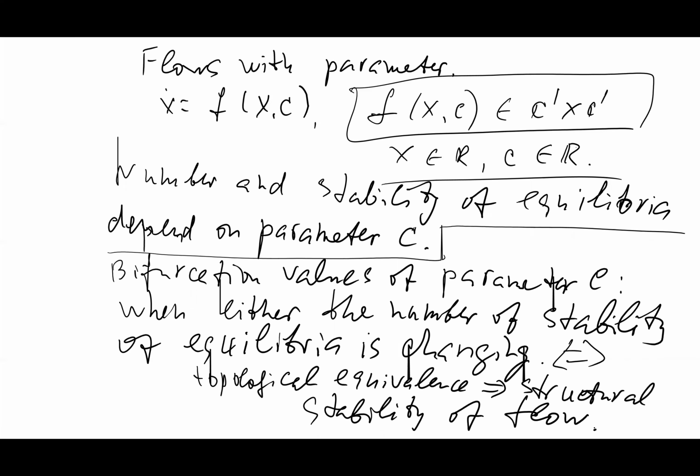So this is, at least, an explanation of what a bifurcation point is when we have a parameter.